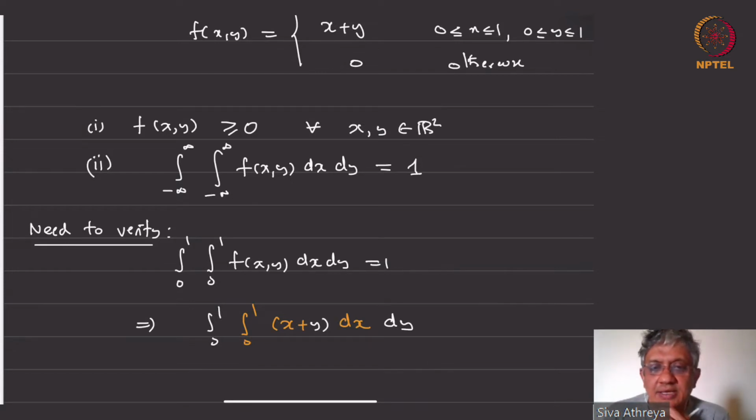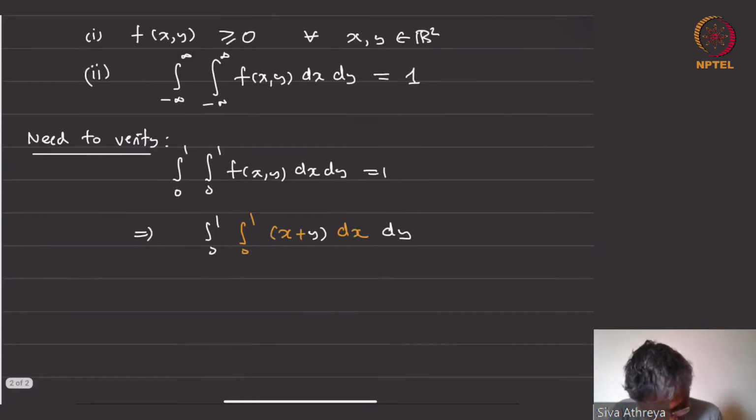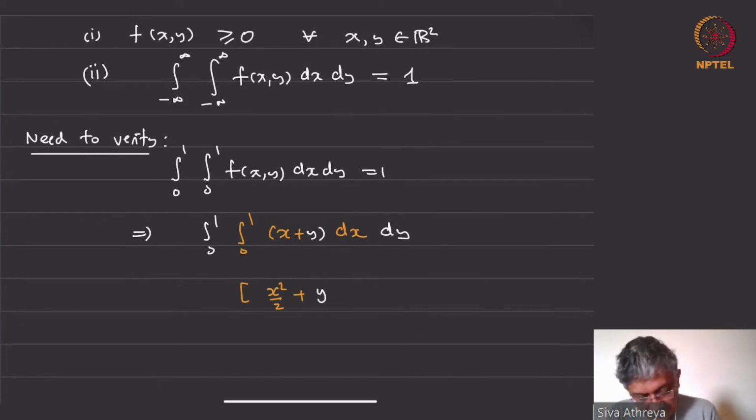So f of x y is equal to x plus y, where x is the variable of integration and y is a constant. The inside integral, by 12th class mathematics, is just x squared by 2 plus y times x, since the integral of y dx, when y is constant, is y times x.